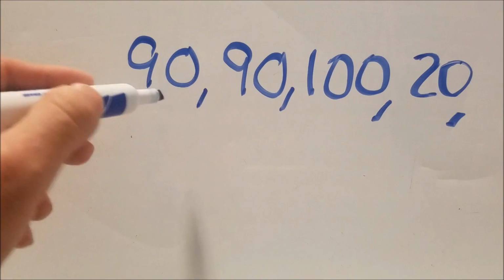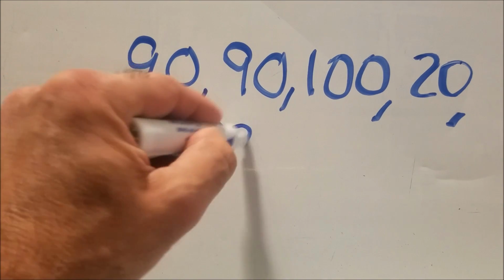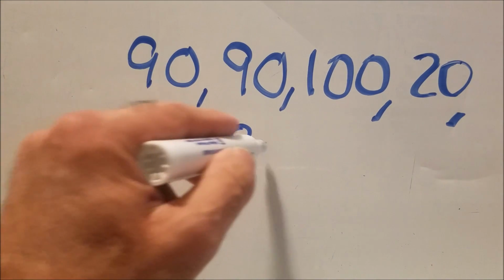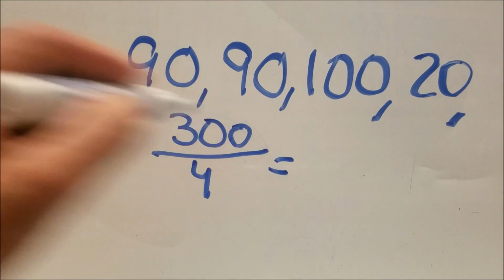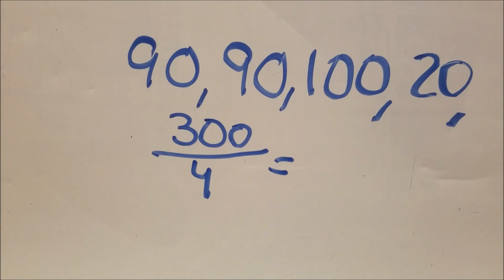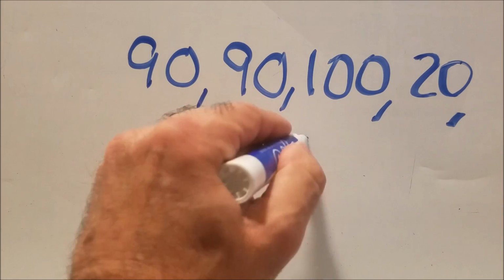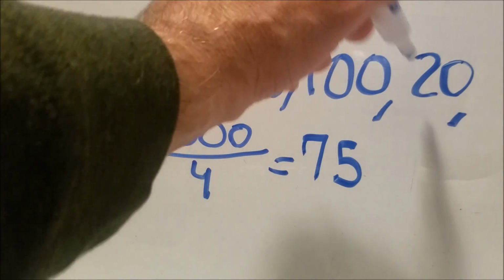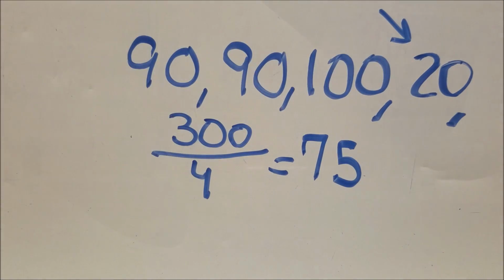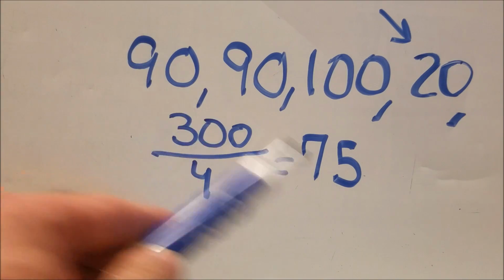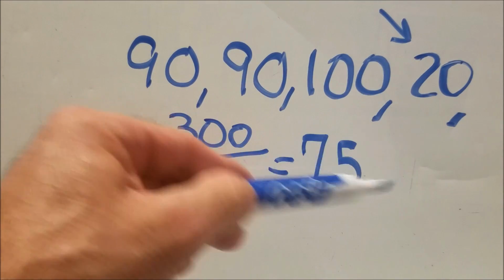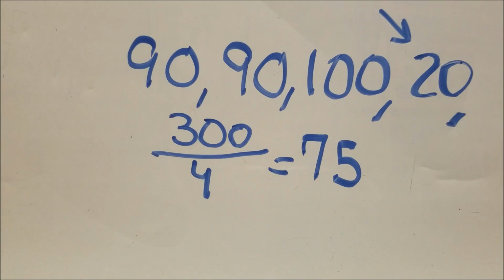Well, if you add all this up, you get 300. And then what do you do? Divide by 4, because there are 4 grades. And your average would be 75. All because of that 20. Now you hope that your next grade will be a lot higher so you can bring that average up, right?